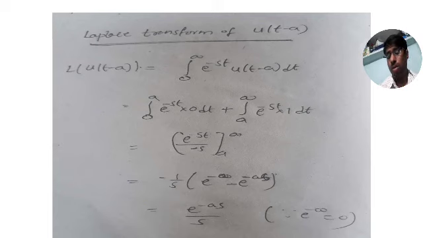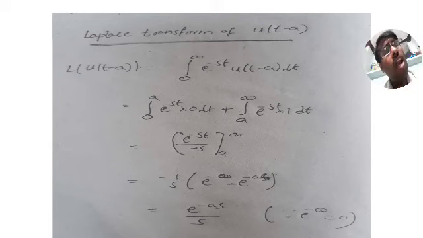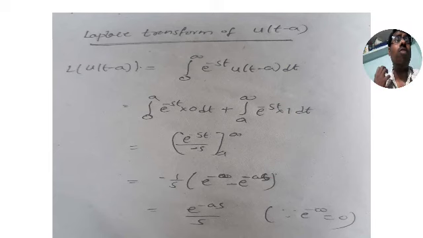So shall we go? The Laplace transform of u of t minus a is denoted as capital L of u of t minus a, which equals the definition. What is the definition? L of f of t is the integration from 0 to infinity of e power of minus st into f of t dt.